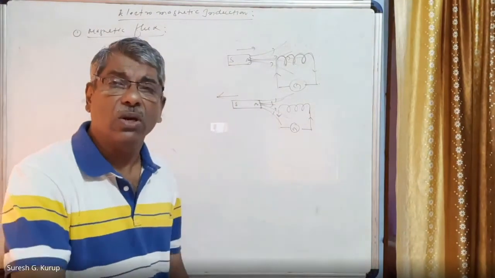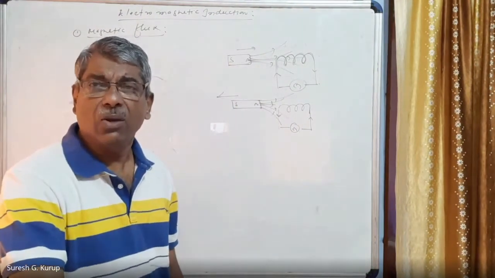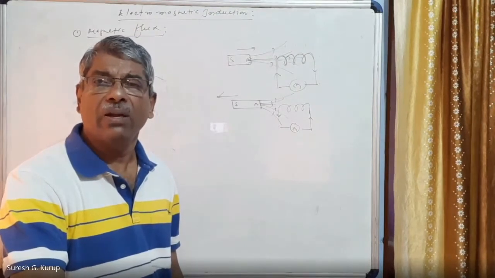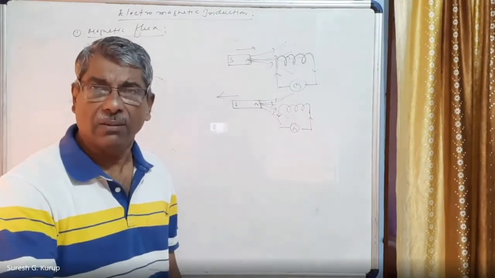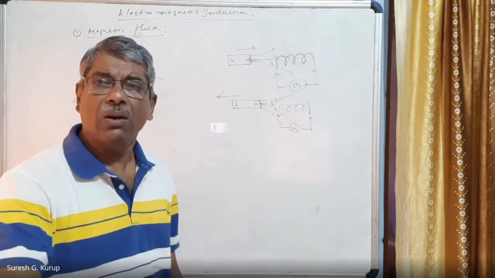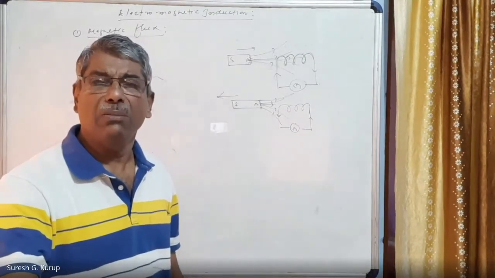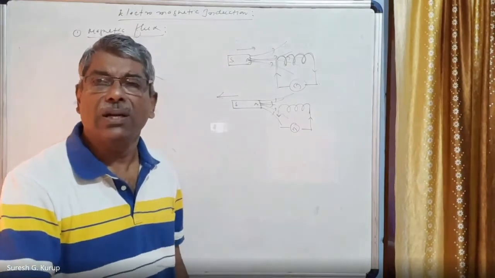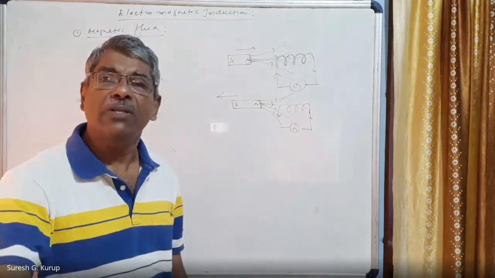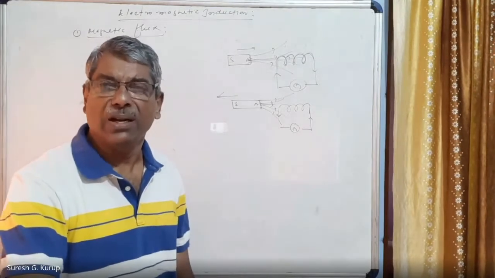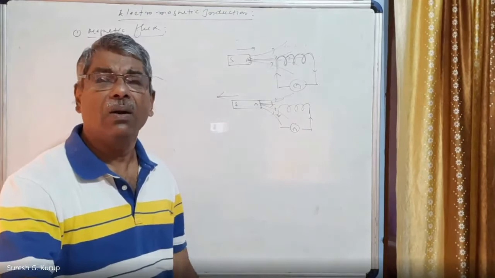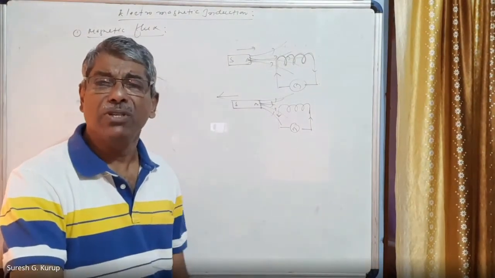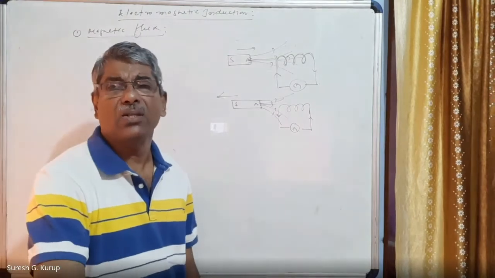This is what is called the first law of electromagnetic induction. According to the first law, whenever there is a change in magnetic flux linked with a conductor of any shape or a coil having any number of turns, due to the change in magnetic flux linked with the conductor or the coil, EMF is induced at the two ends of the conductor or the coil, and hence a current starts flowing in the circuit.